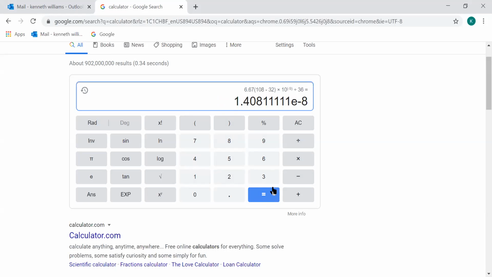So yes, 1.4 times 10 to the minus 8, 10 to the minus 8 meters per second squared for the acceleration. That should do it. All right.